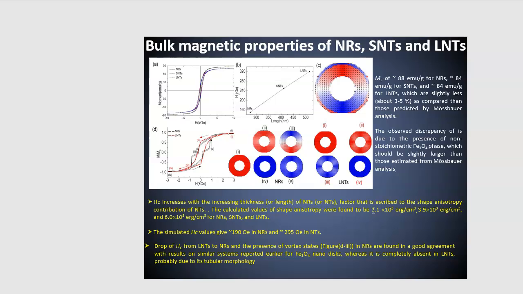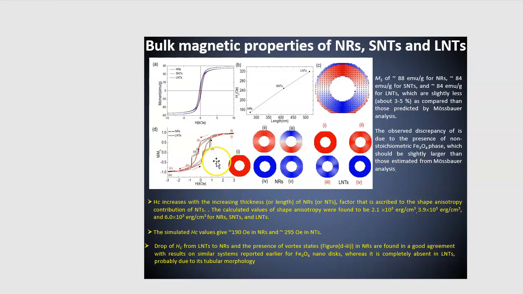We have also simulated the hysteresis curve for nanorings and long nanotubes, and the observed coercivity is found to be very similar. However, the interesting part is that there is a drop in the coercivity from long nanotubes to nanorings, and also the presence of the vortex state.